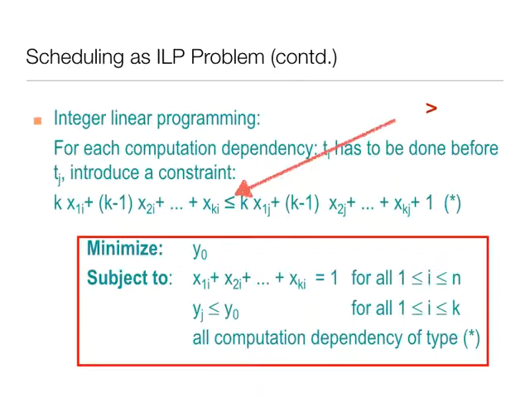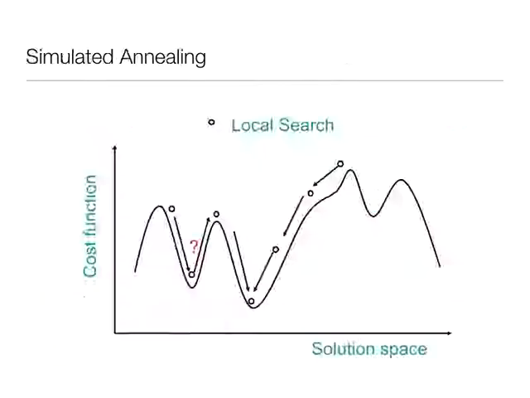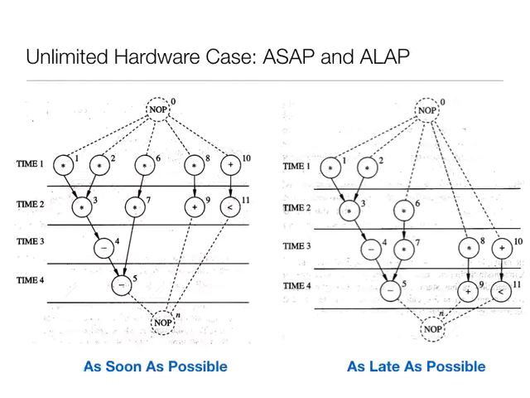So for example, let's look at this guy. Let's say I'm looking at operator number 4. The earliest 4 can run is time step 3, and the latest 4 can run is time step 3. So I can eliminate x13, x23, and x43 right up front.